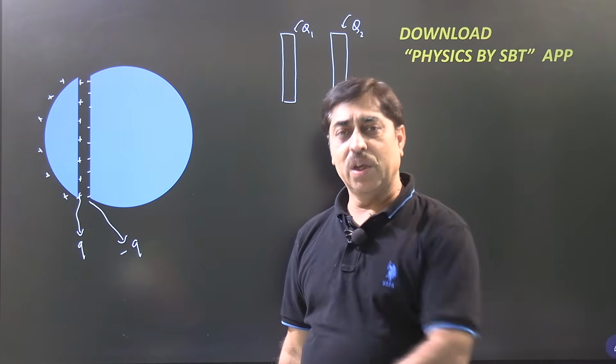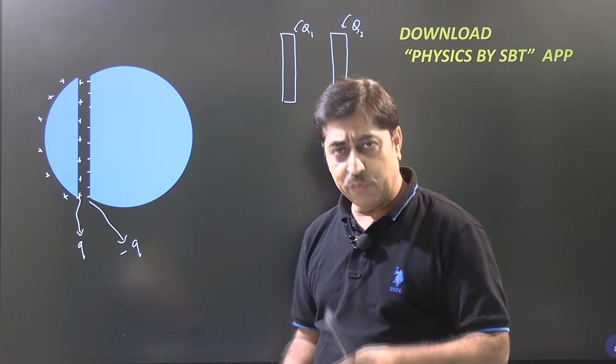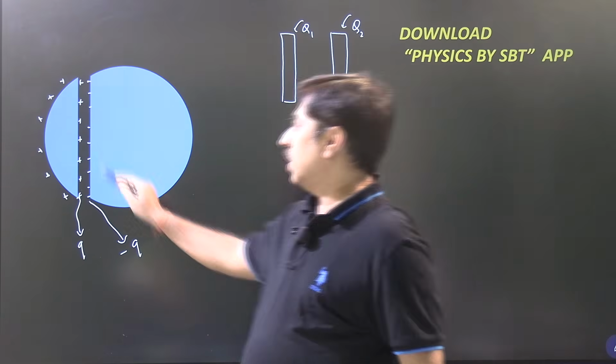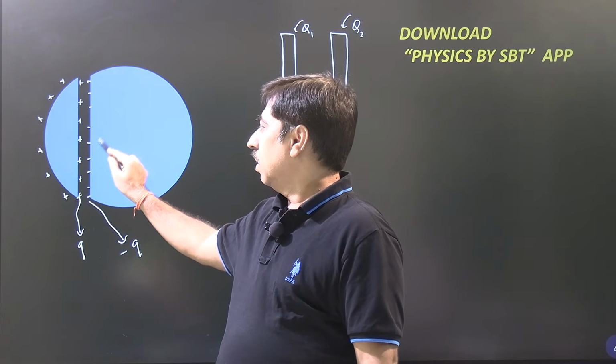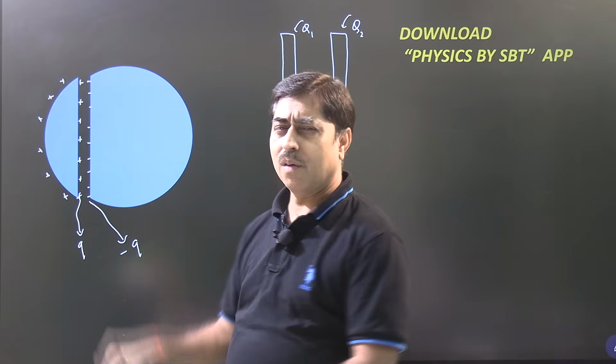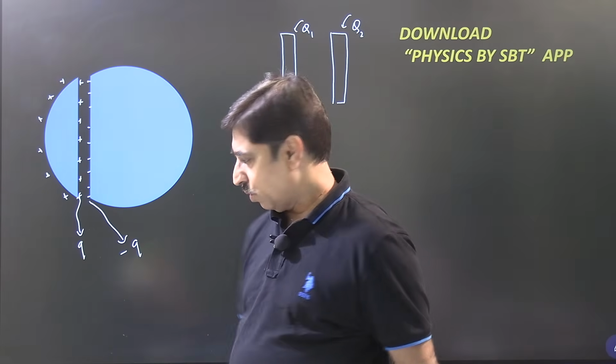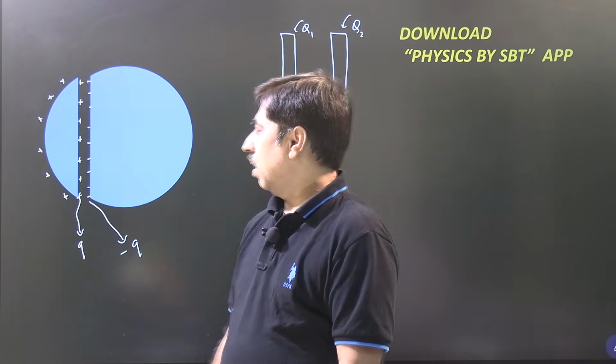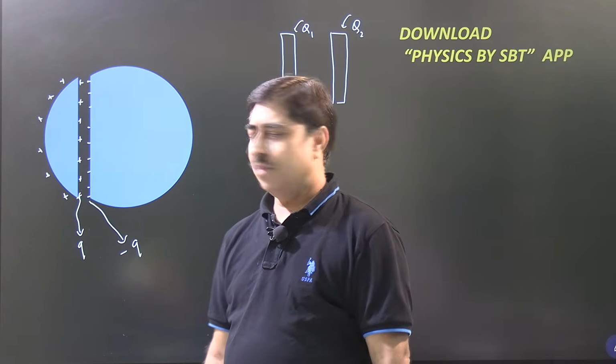Arguing in a similar manner, if charge is plus q over here, then minus q charge has to be here. Think in terms of some Gaussian surface, you will be able to convince yourself, right?